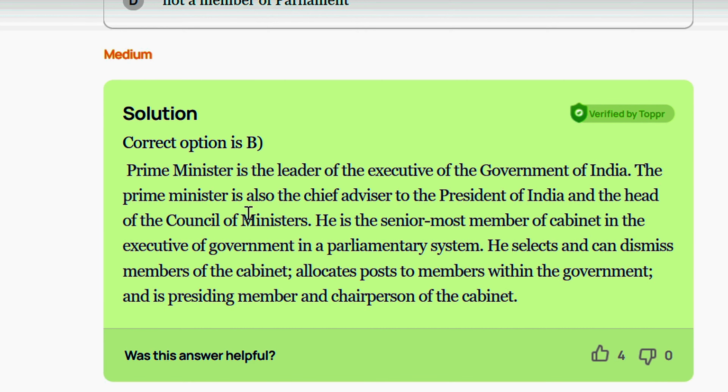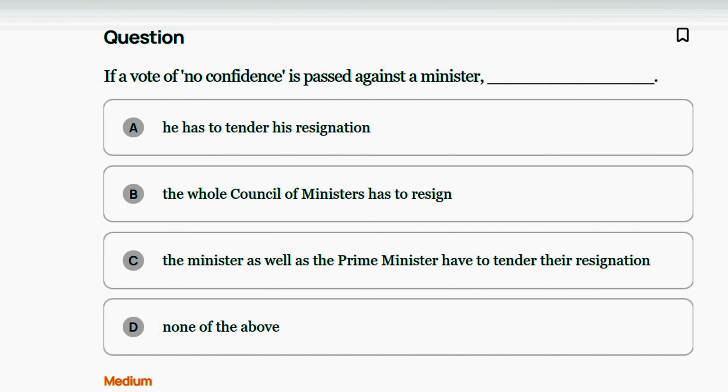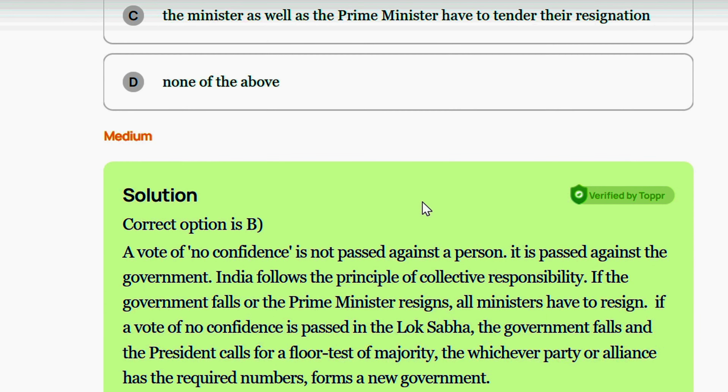The Prime Minister is also the chief advisor to the President of India and the head of the Council of Ministers. Next, if a vote of no confidence is passed against a minister, the whole Council of Ministers has to resign.